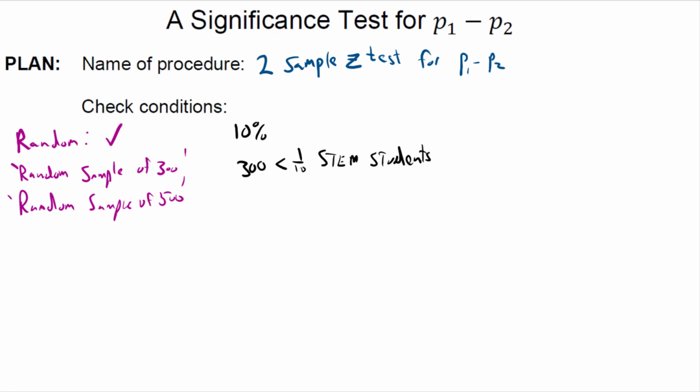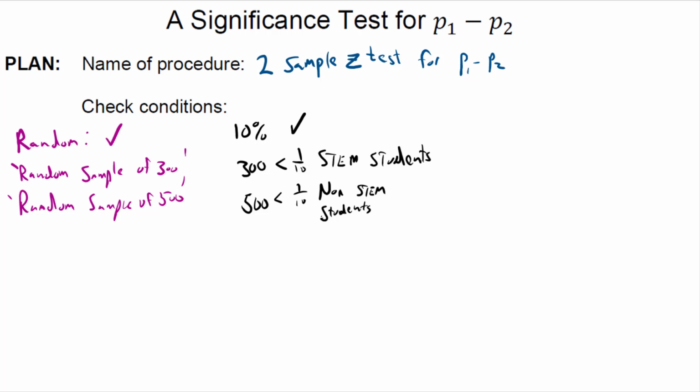And same thing with the 500 non-STEM students. There are definitely more than 500 non-STEM students based on the population of, it looks like we're talking about America here, right? So our 10% condition is check, our random is check.